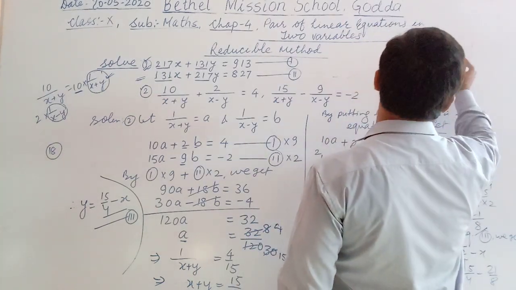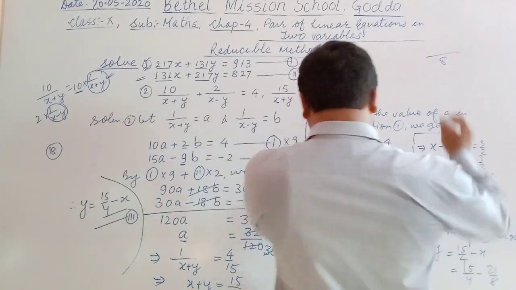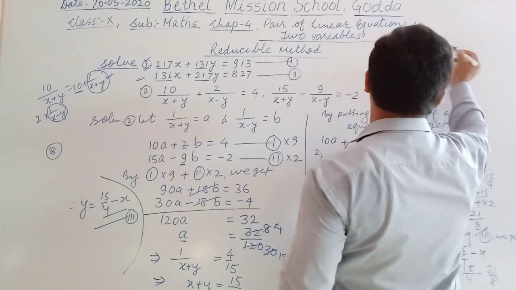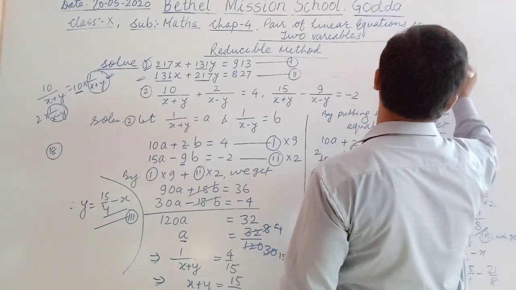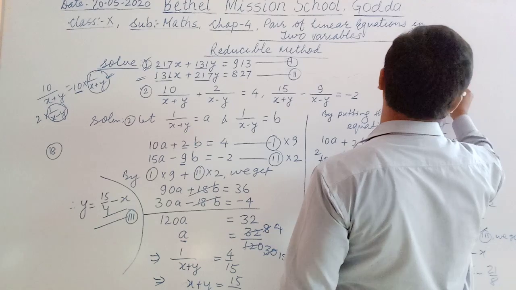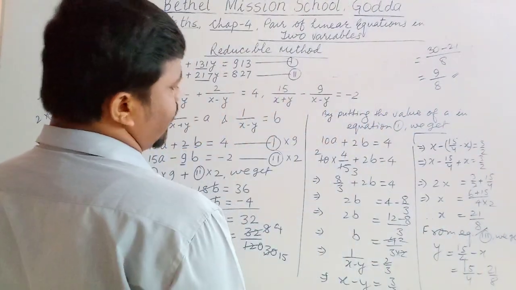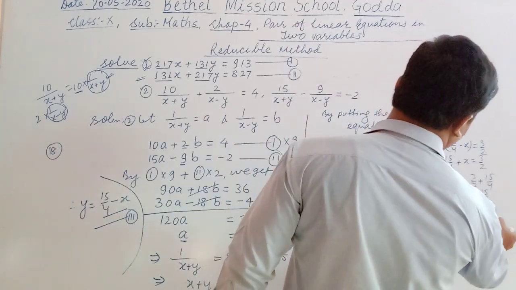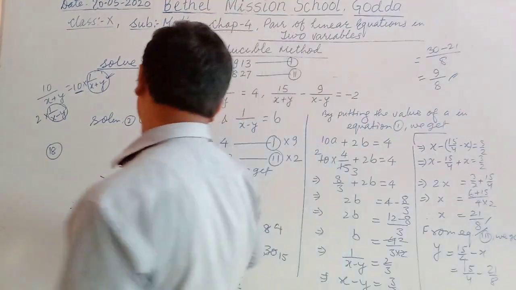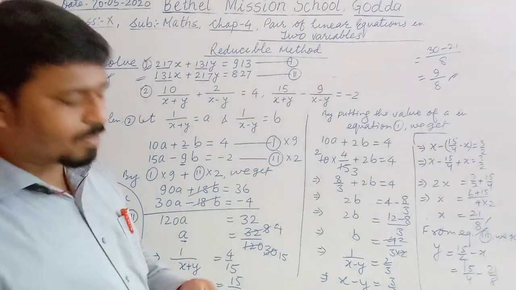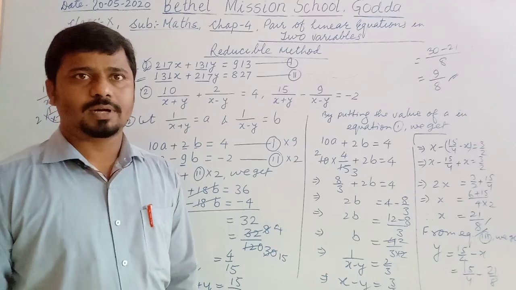The LCM will be 8. 15 times 2 is 30, minus 21, and this will be 9 upon 8. So this is the value of y. The value of x is 21 upon 8 and the value of y is 9 upon 8. And this is the solution. This type of solution is called the reducible method. Okay, thank you.